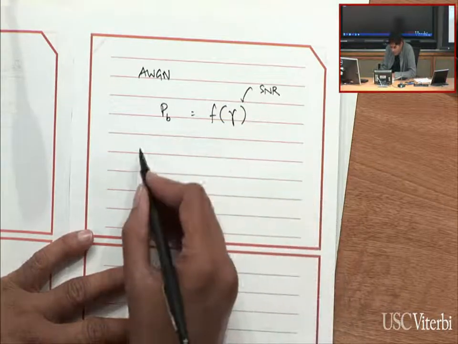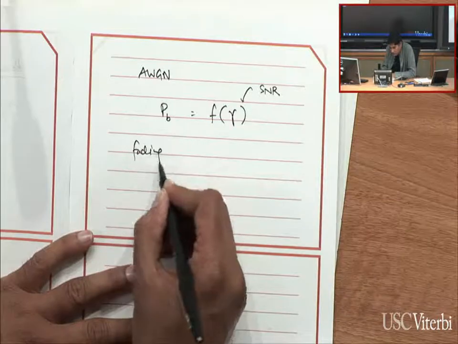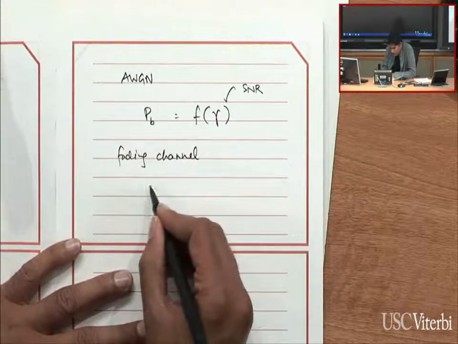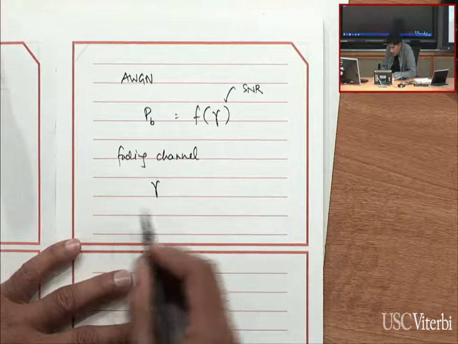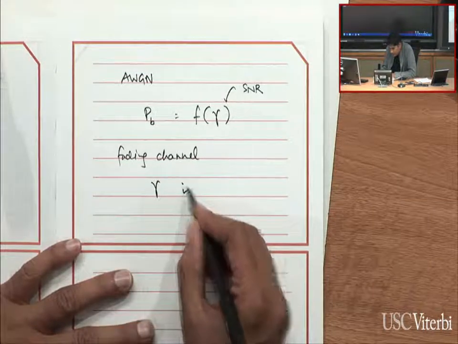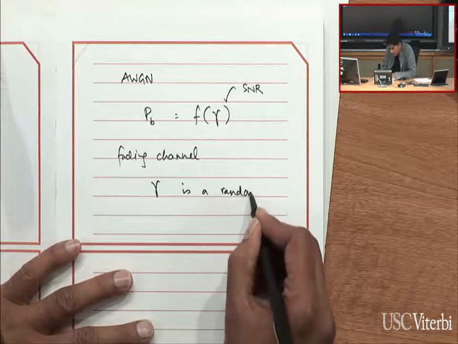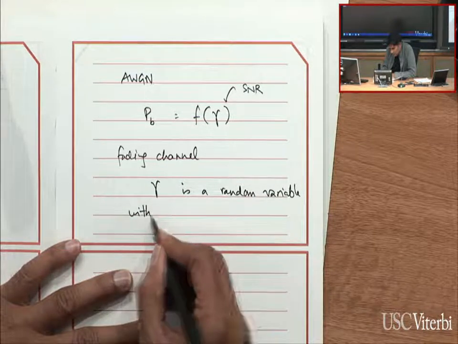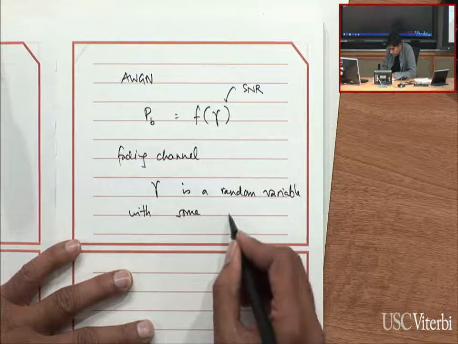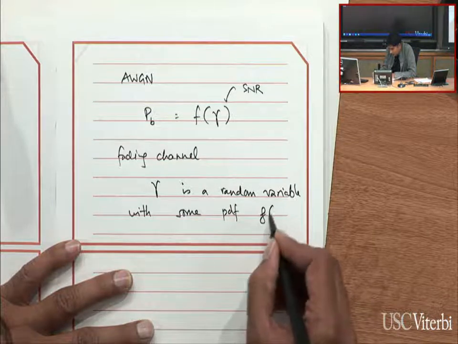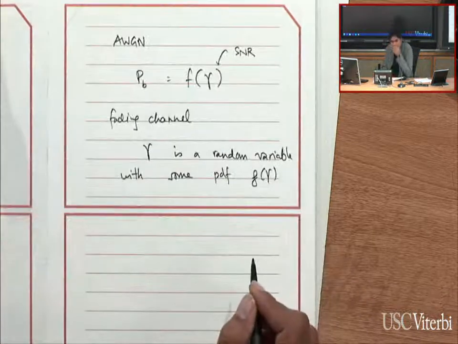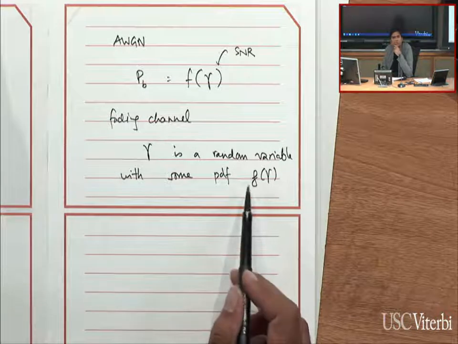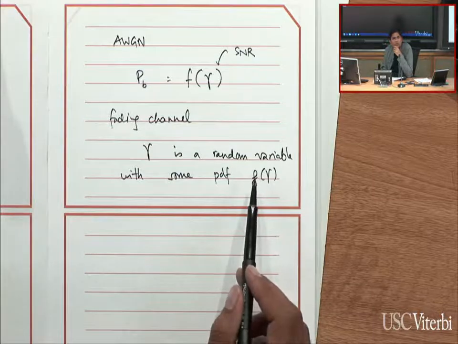And in a fading channel, the SNR, or gamma, is a random variable with some PDF, let's call it G of gamma. I want to be consistent with my notation. I think that's what I called it last time. Is that right? I called the distribution G.